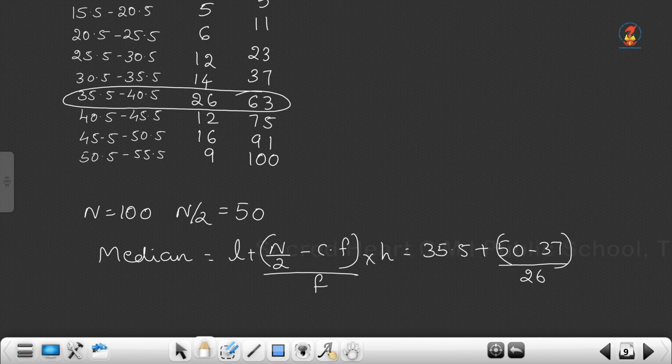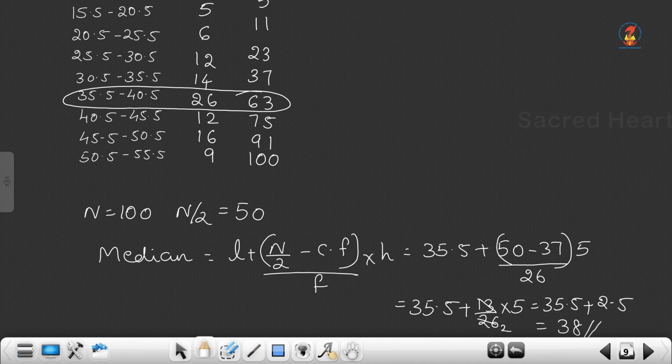What is the class size? 40.5 and 35.5. The class size is 5. So 35.5 plus 13 by 26 into 5. That is 35.5 plus 13 by 26 means 1 by 2, 5 by 2 means it is 2.5. So 38 is the median.